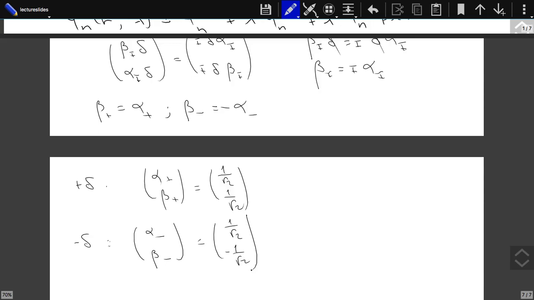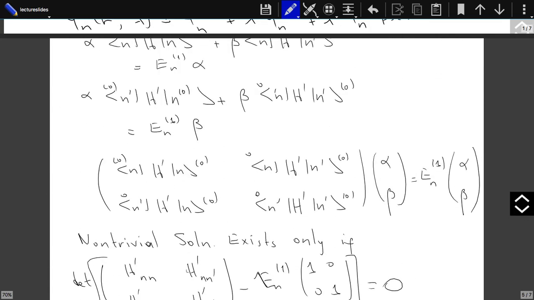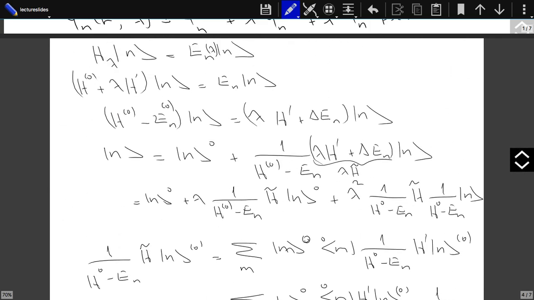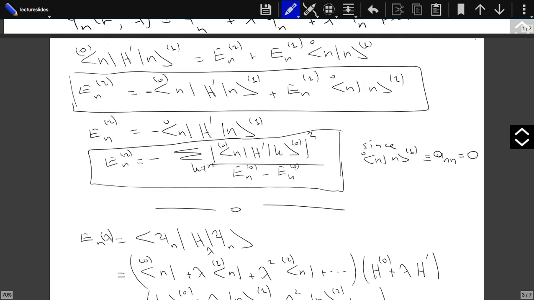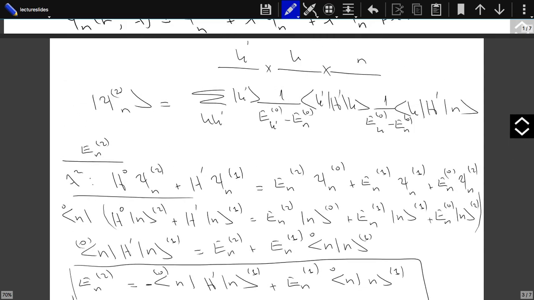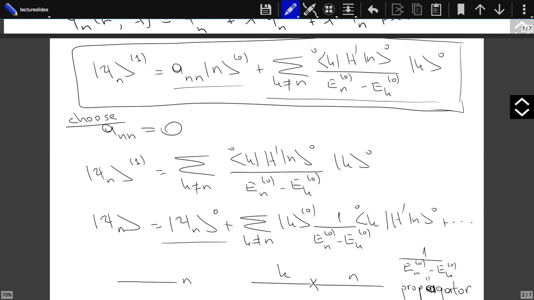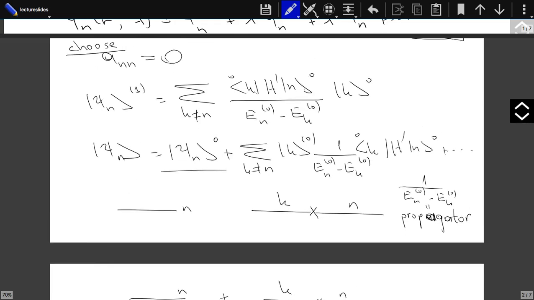So what this basically tells me is that if I have a degenerate state, first I have to diagonalize H'. And once I diagonalize H', the states that diagonalize H' are the states that I should use in order to do the perturbation expansion. The rest is identical to non-degenerate perturbation theory, because you see the problem over here in the non-degenerate case, let's look at the E_n^1, psi_n^1.